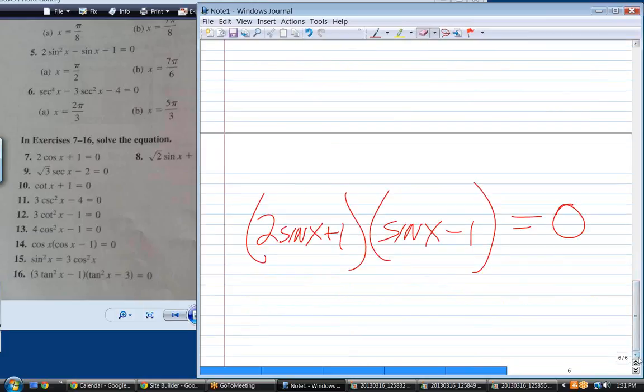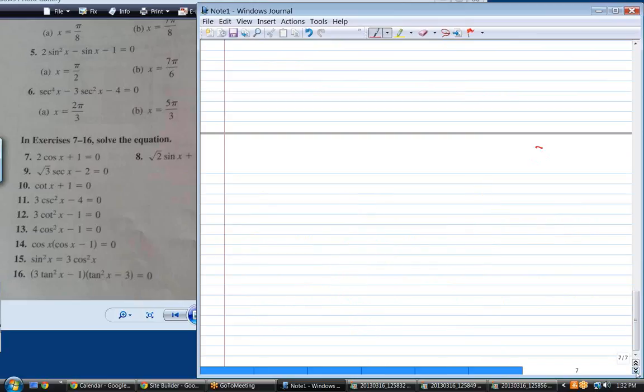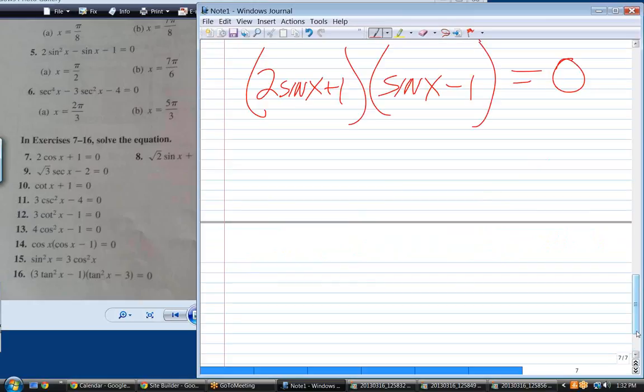Now let's solve this. If this statement is true, what needs to be true? You have to equal 0, but I don't know how you would get there with the sine. Well, if 2 things multiplied together equal 0, then one of them has to be 0.